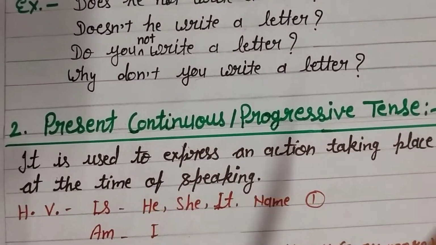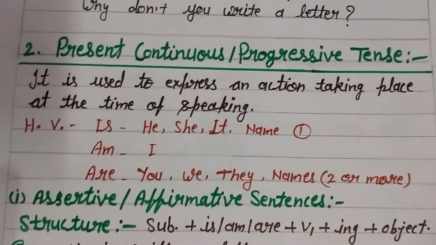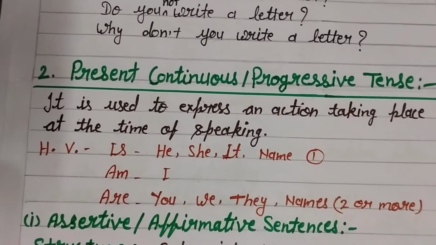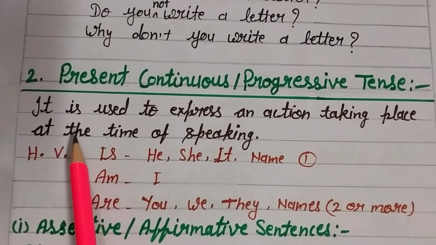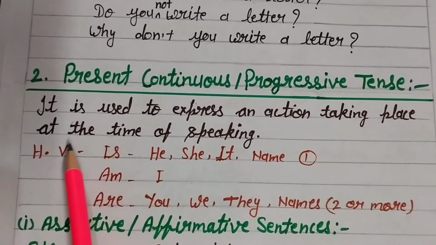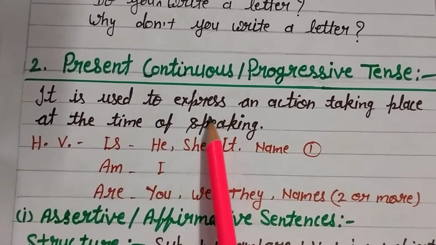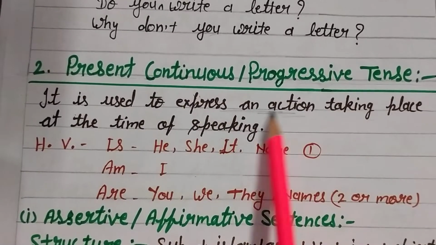So, present continuous or progressive tense. So what is present continuous tense? It is used to express an action taking place at the time of speaking. Okay. Express an action, when?